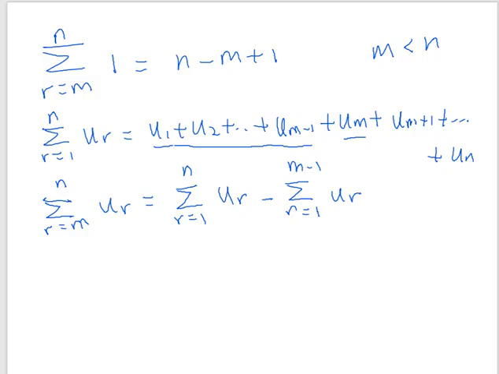And now you just take ur to be 1, like what we did just now. Then if you sum r from 1 to n, 1, this answer is just n. And this answer should be m minus 1.